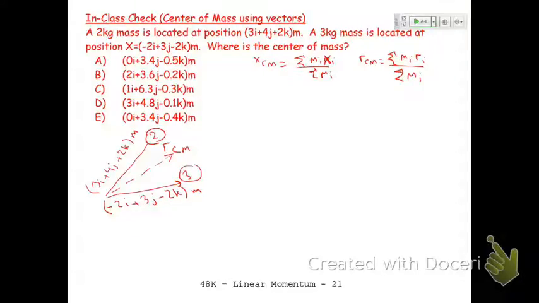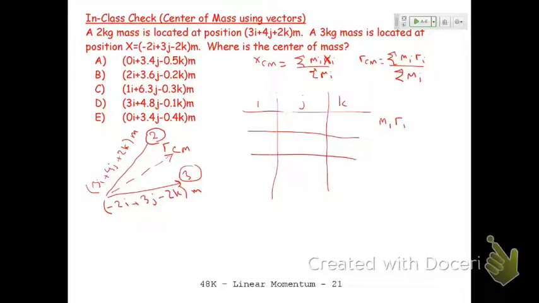So I'm going to basically do an ijk grid like I did before. And the steps are going to be, I'm going to have my m1 r1, and then I'm going to have my m2 r2. I'm going to have my sum.